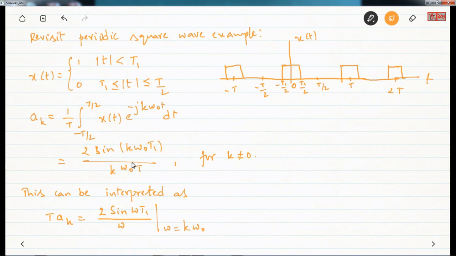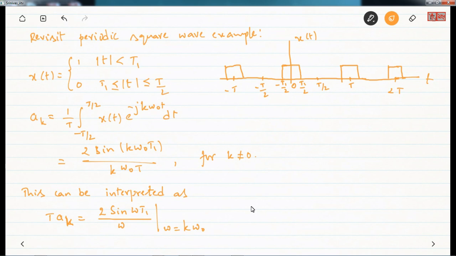So the same expression we are interpreting as this a k, the value of the Fourier series coefficient, multiplied by the period. So T a k can be obtained by sampling the function 2 sine omega t1 by omega. So in this equation, if I put omega equal to k omega naught, I get the above function, right?